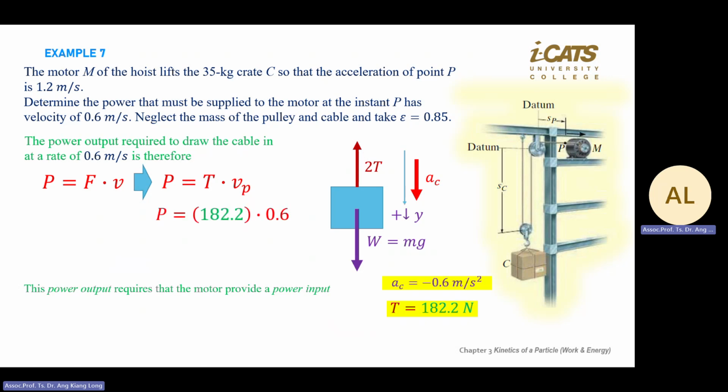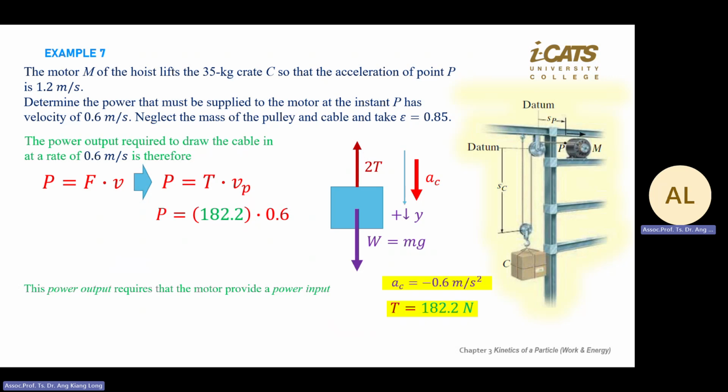So T, you substitute 182.2. Velocity of the motor, you know, is 0.6. So you manage to get the power. So this is how you ideally calculate the motor that you need for a certain system, for a hoist system or in a crane system. So this is how you find it.